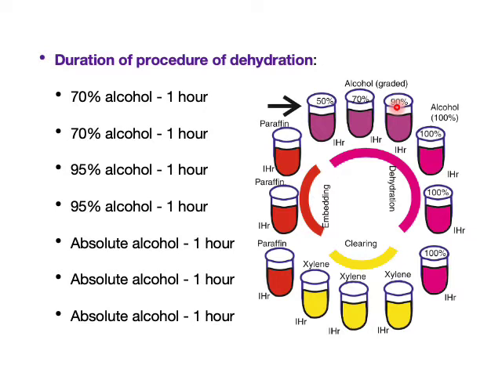In that way, in each bottle we will be putting 70% alcohol, another bottle 70% alcohol, next 95% alcohol, 95% alcohol, absolute alcohol, absolute alcohol, and absolute alcohol. In that way, for every hour we'll be changing the tissue from one bottle to another. Like that we'll be doing the dehydration procedure.